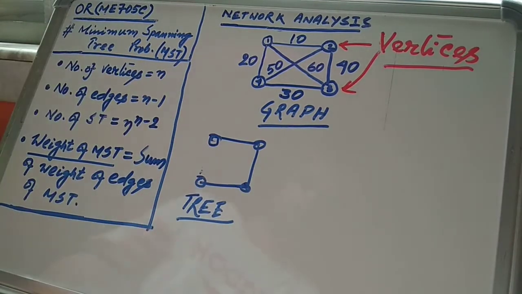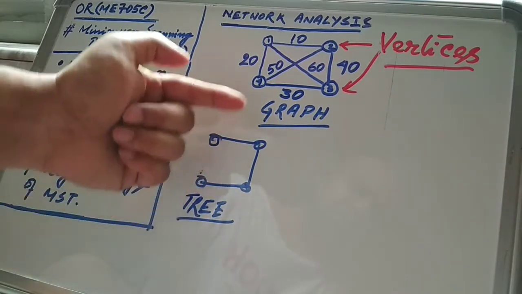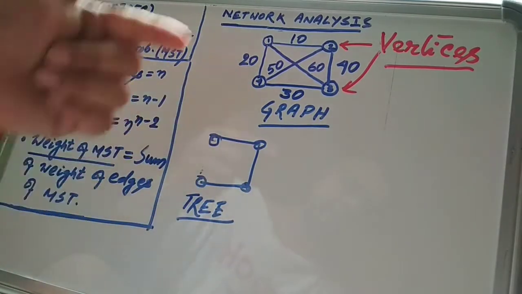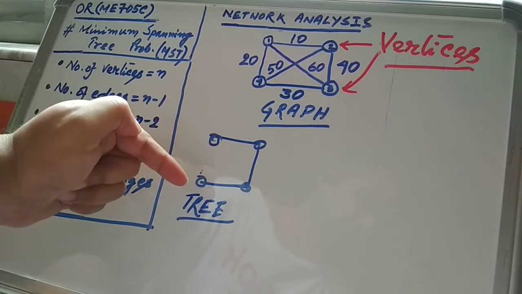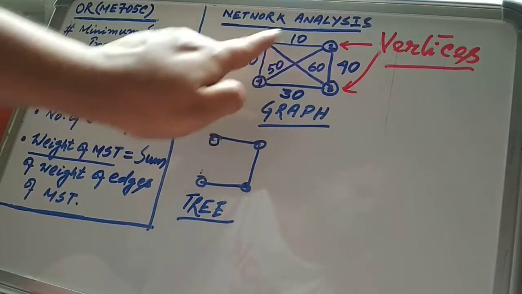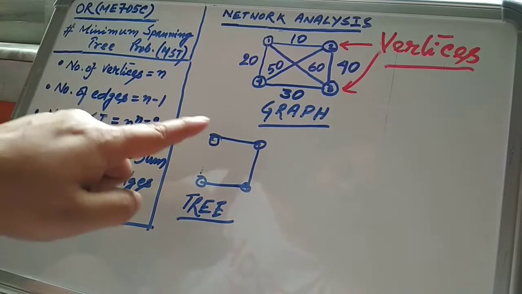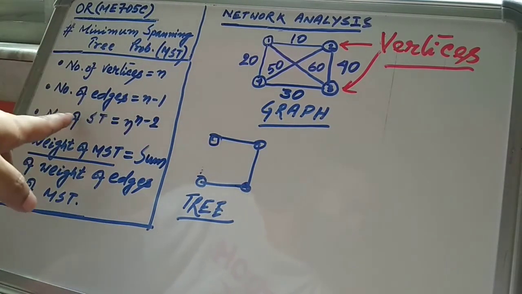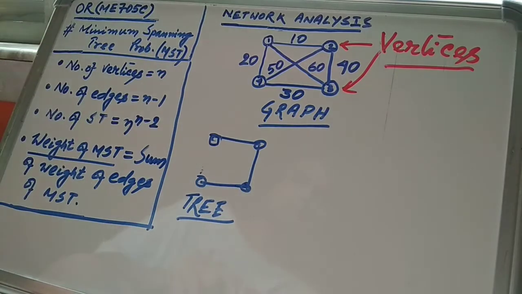Now you have the basic knowledge of the difference between a graph and a tree. In a tree you cannot make a loop, but you have to connect all the vertices. These are the vertices, you have to connect all the vertices. Now coming to the spanning tree, there are some rules.